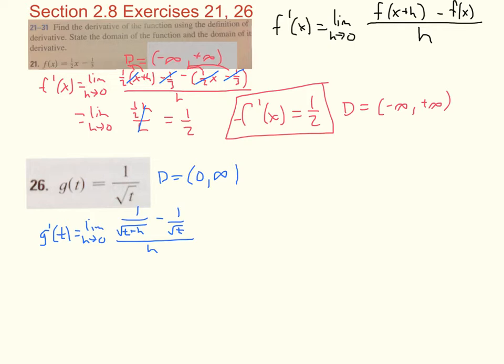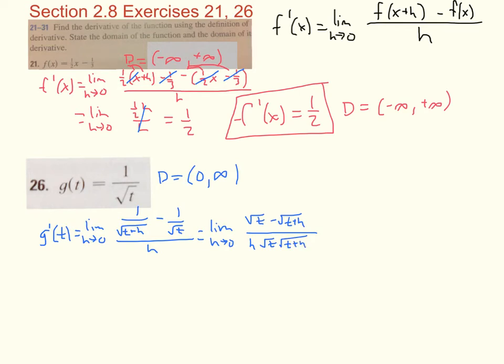So on the top we're going to get a common denominator, the square root of t times the square root of t plus h. Then we're going to bring the h up, so what we have is the limit as h approaches 0. On the top we're going to have the square root of t minus the square root of t plus h. On the bottom, again, we bring the h up, we have the square root of t and the square root of t plus h.